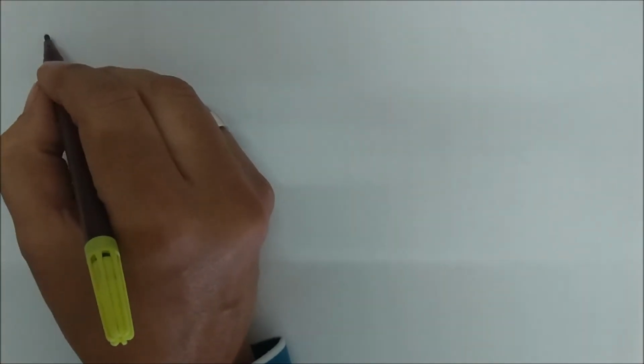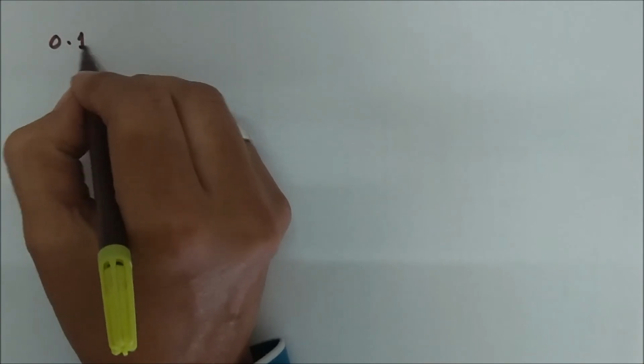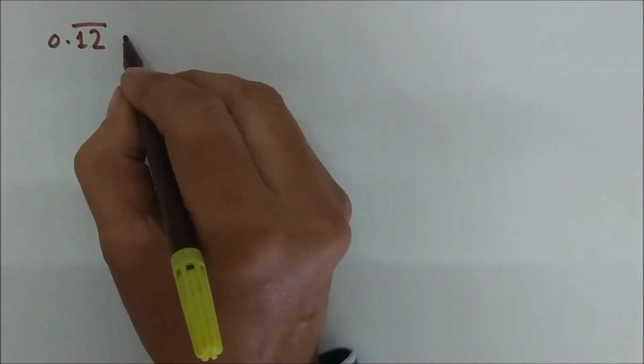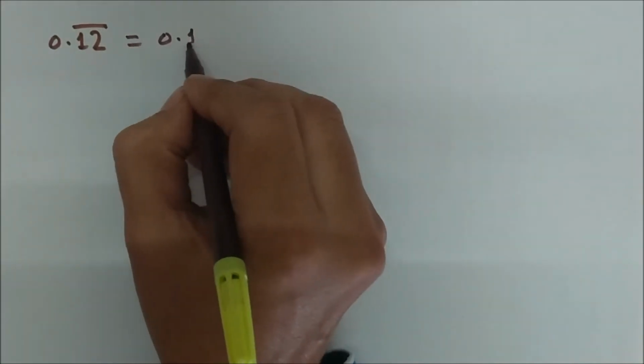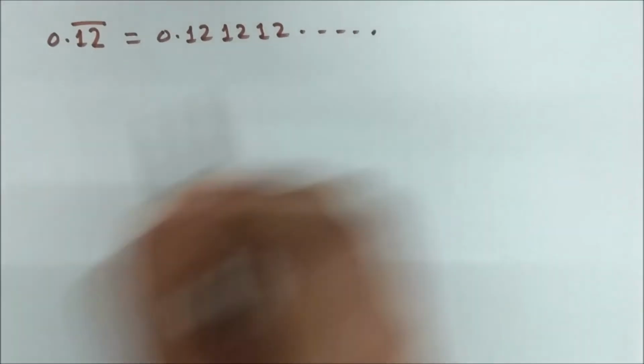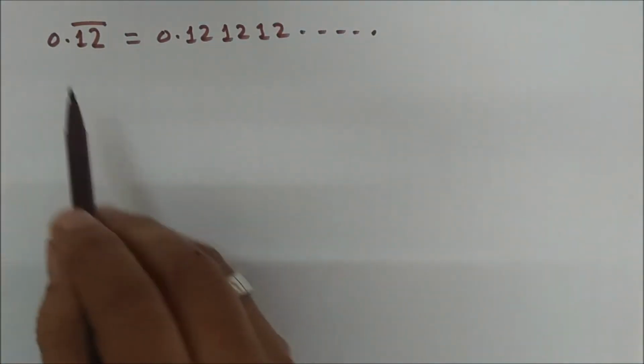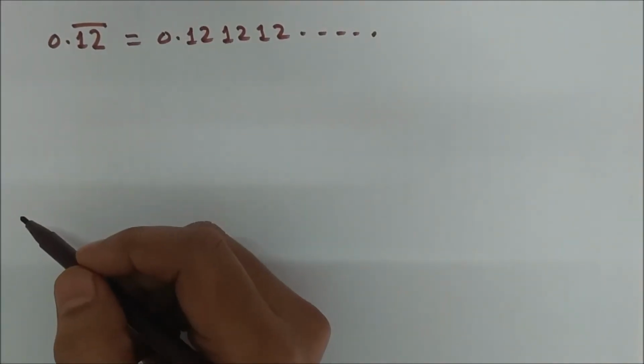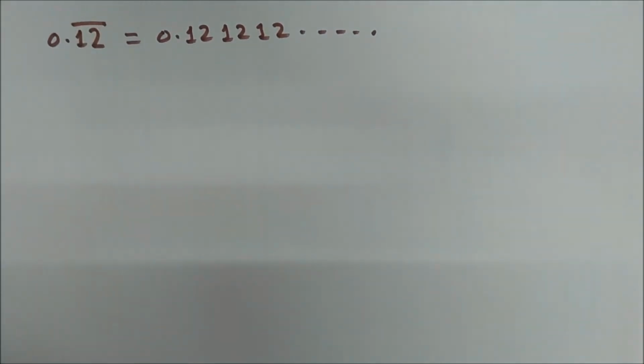We take another recurring decimal example where the recurring part is a little bit different, that is 0.12 with the whole 12 under the bar. This is equal to 0.12, 12, 12 and so on. This is one of the reasons we use the notation of putting an over bar instead of putting a point.